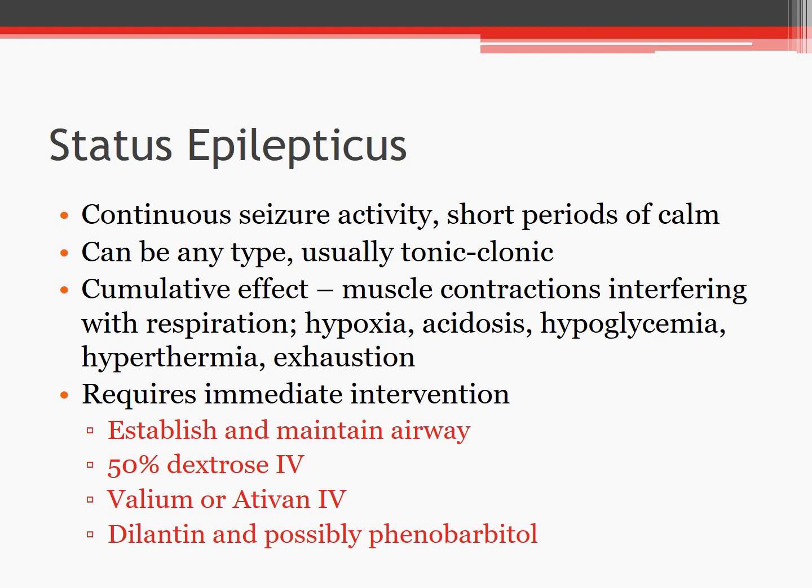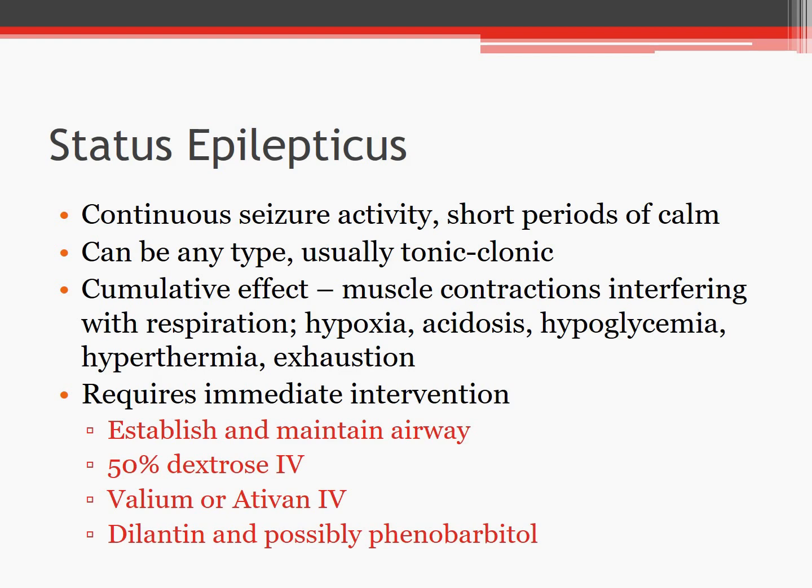Status epilepticus with tonic-clonic seizures can lead to exhaustion, hypoxia, acidosis, hypoglycemia, and hyperthermia. So it is considered a medical emergency, and it requires immediate intervention, making sure that the airway is opened. If there is hypoglycemia, then you would put in an IV and give 50% dextrose.